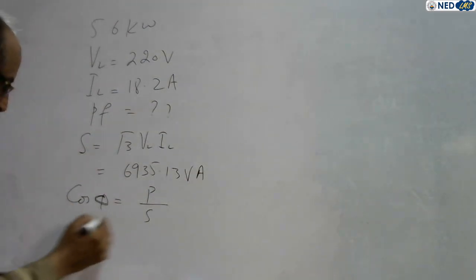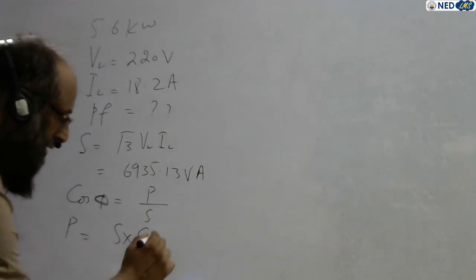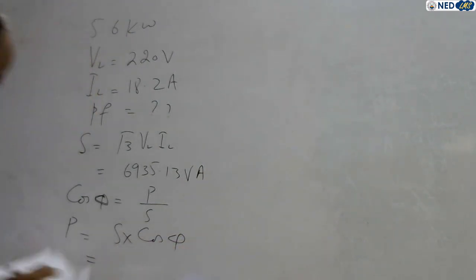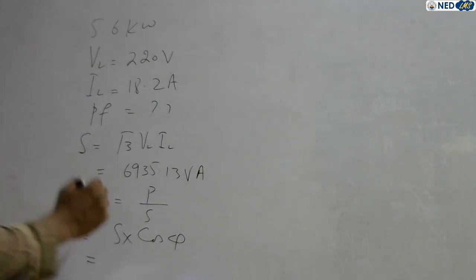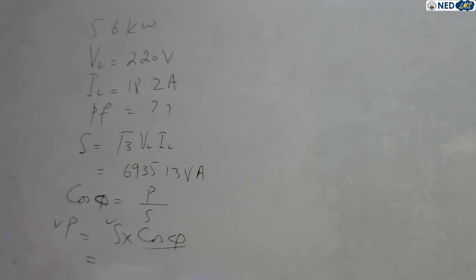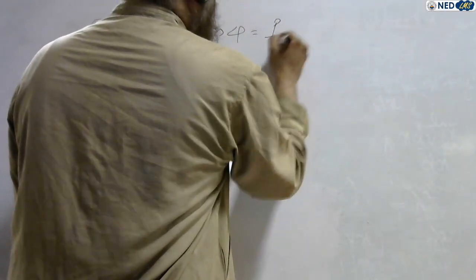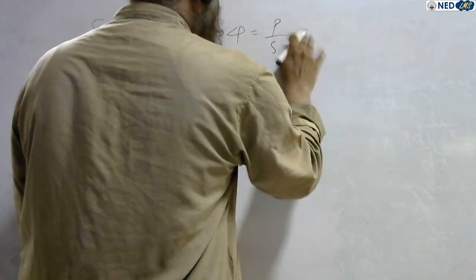So if you rearrange this formula, you will get P equals S times cos of phi. So you can find the power factor by rearranging the formula.